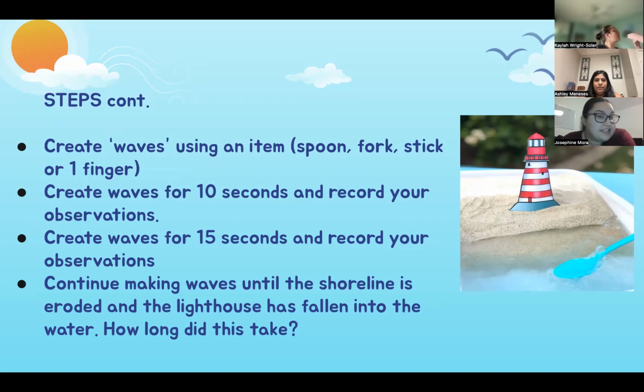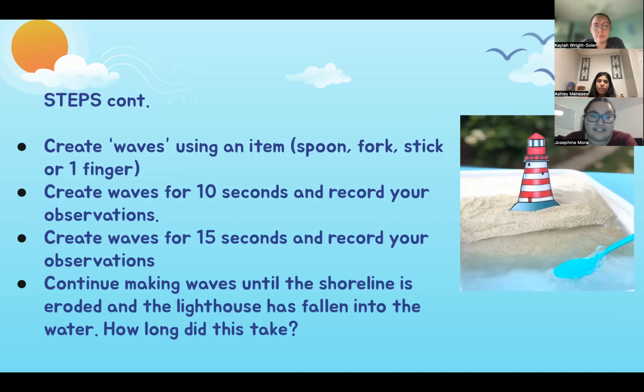When you're done with this part, it's really important as scientists to write down our observations on what we have witnessed and seen happening as we create these waves. The next part is we're going to keep on doing it. Remember taking those turns and creating waves for 15 seconds. When you're done with this part, please remember to write down what you have noticed.